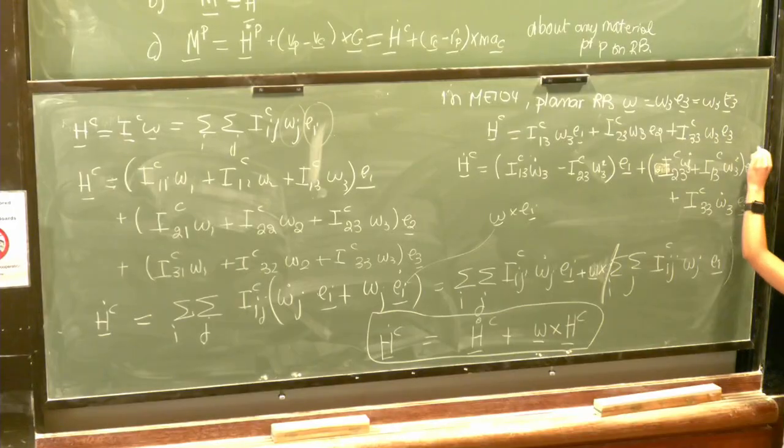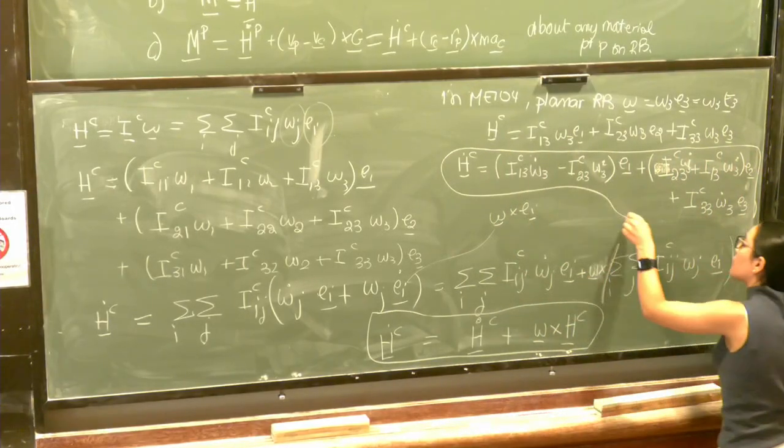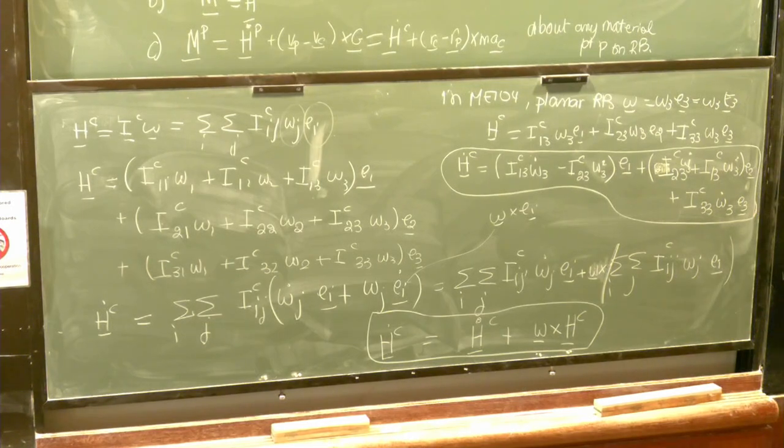So this is the equation we're going to use in this class when omega is just along e_3.